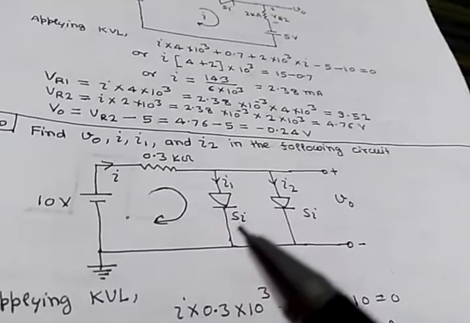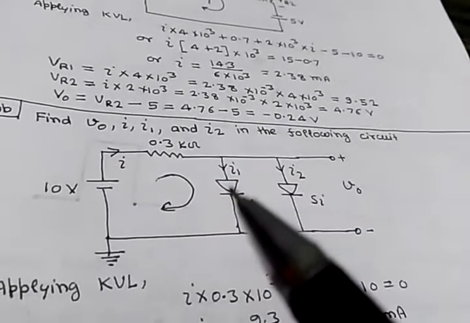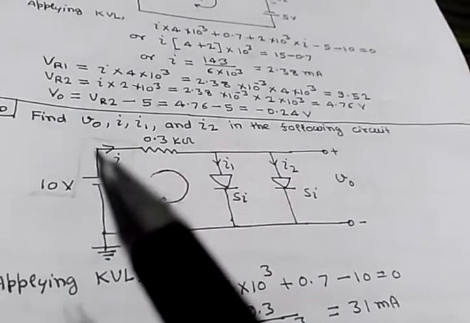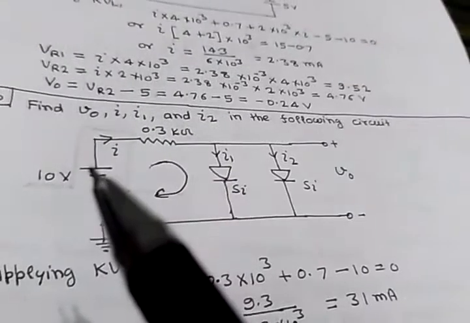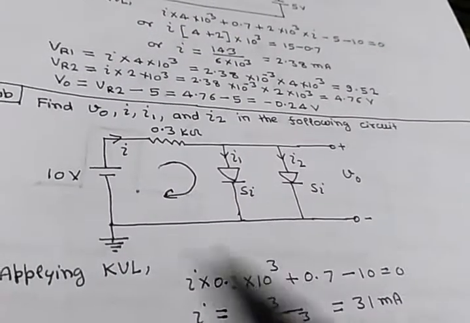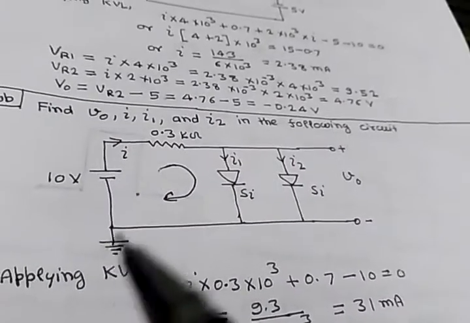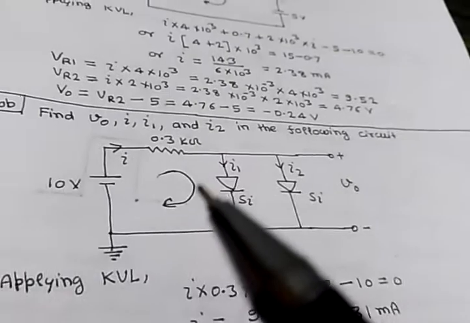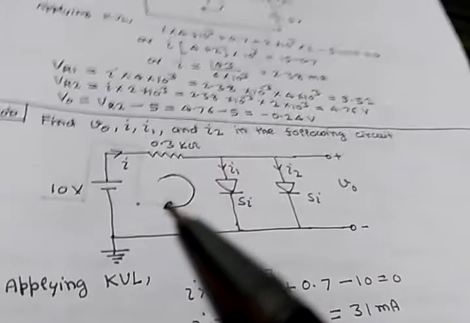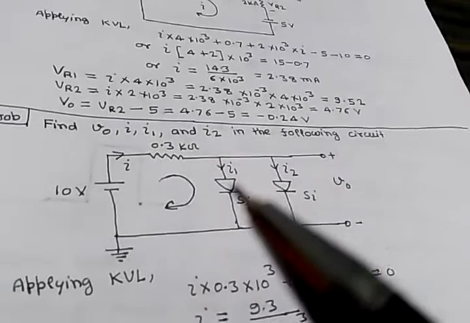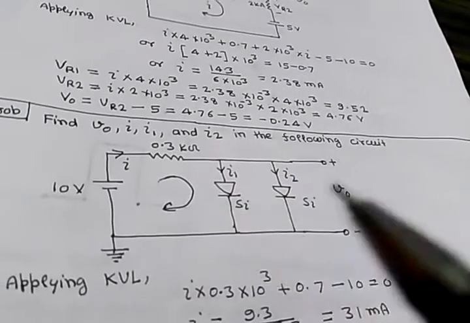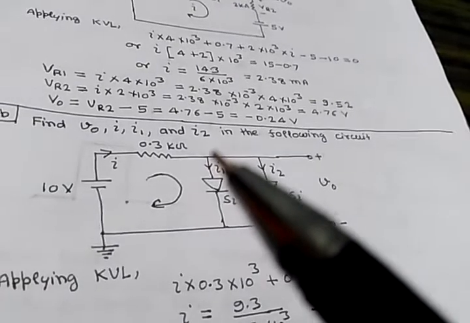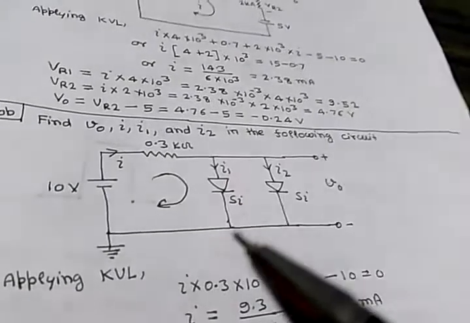Both diodes will be in forward biased condition because the P region of both the diodes is connected with the positive terminal of the battery and the N region with the ground. To find I, we will write the KVL equation. Here these two diodes are in parallel, so the voltage across both diodes will be 0.7 volt.